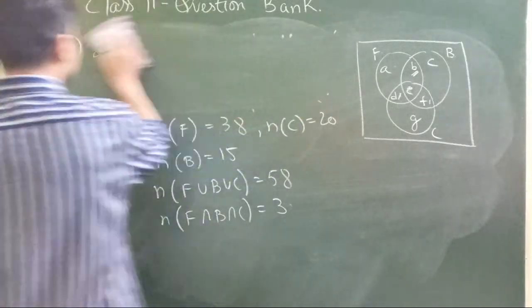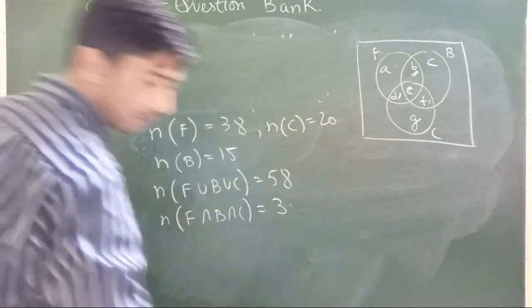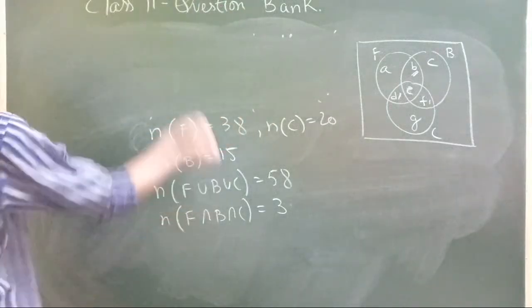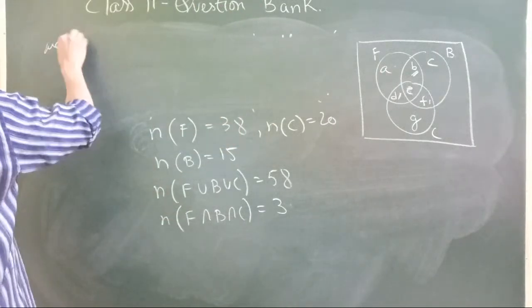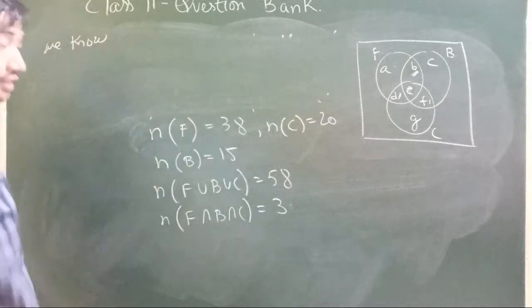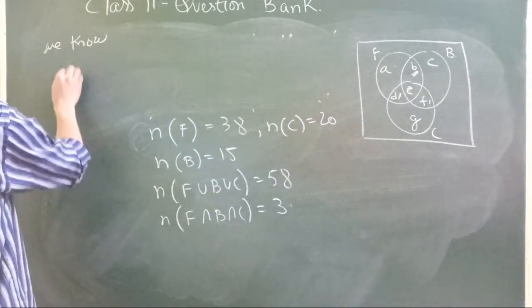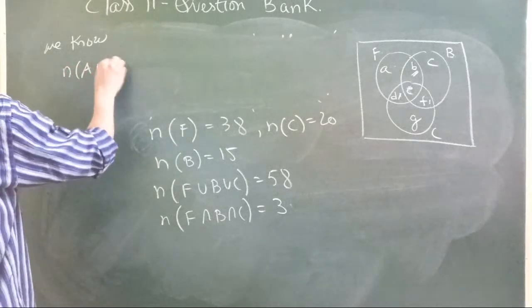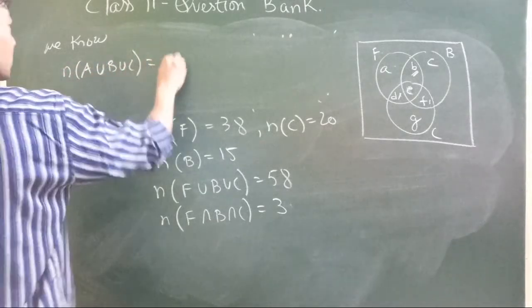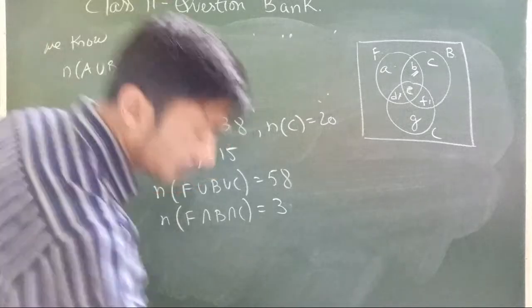So now we will be using the addition theorem and find out a particular value. The addition theorem, as we know, can be extended to more than 2 sets, to 3 sets also. So A union B union C is equal to what?